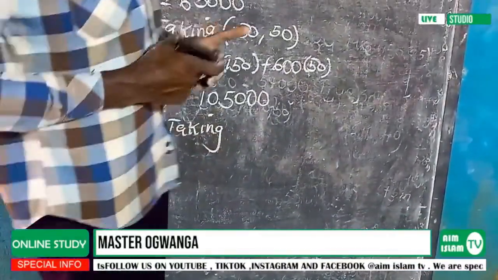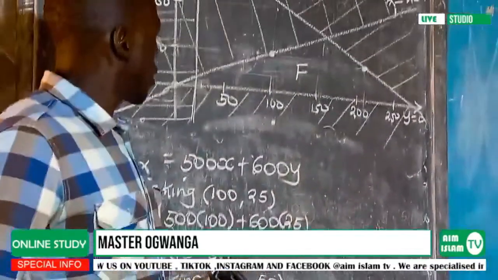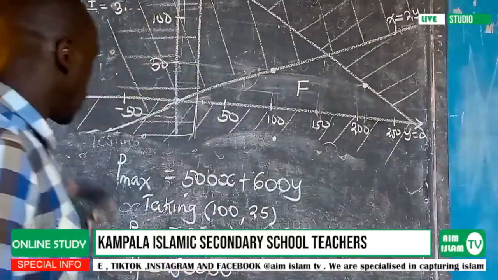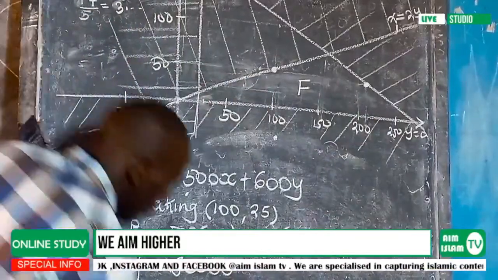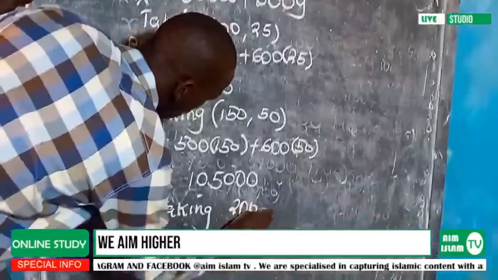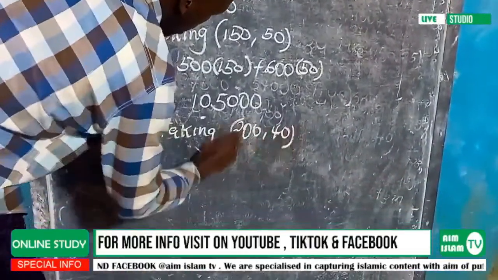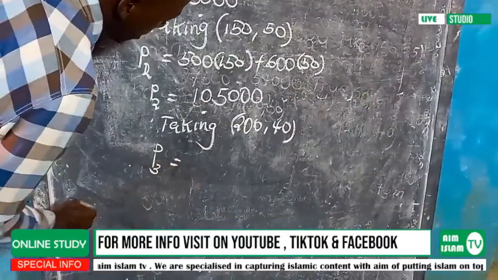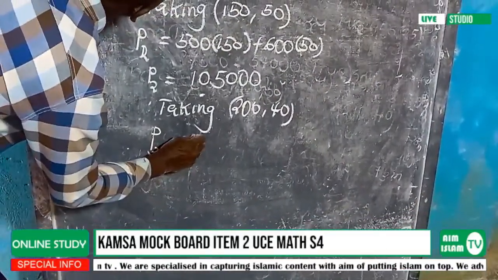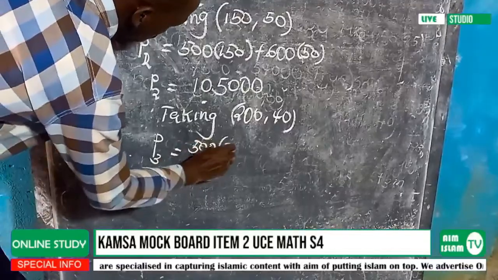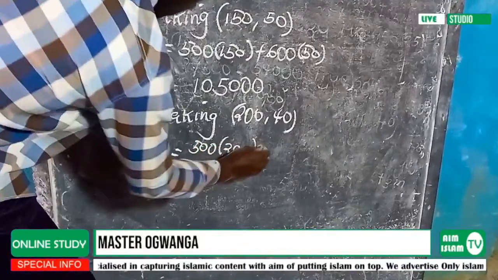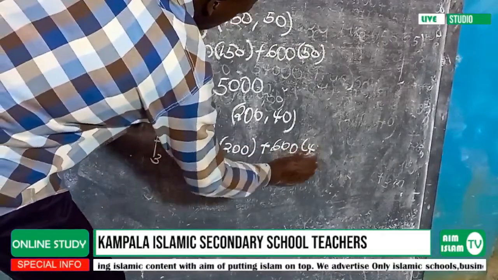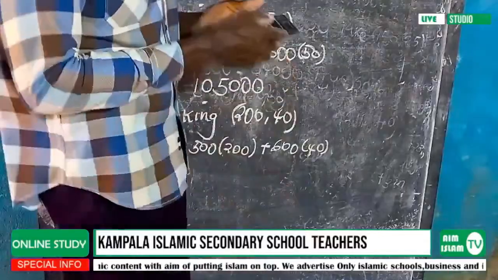Then I also can come and take another point, still in the unshaded part. I can say 200 and 40, because 40 is here. This one will give us the third value of the profit. That will be 500 of 200 plus 600 of 40.